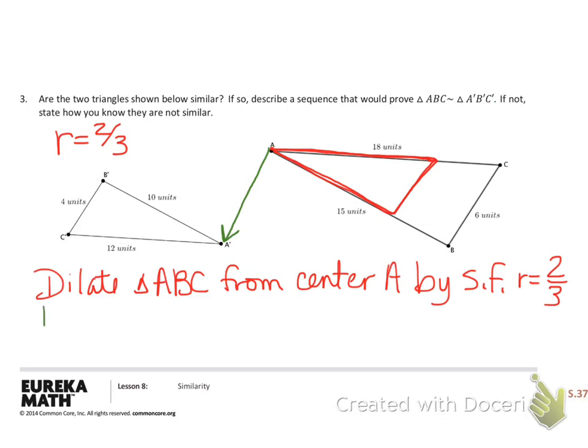So I'm going to translate along vector AA prime, and then I would have those points. So first dilate, then translate along vector AA prime, and then it looks like a rotation.